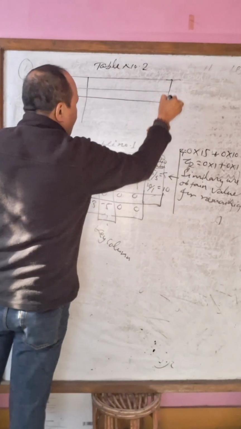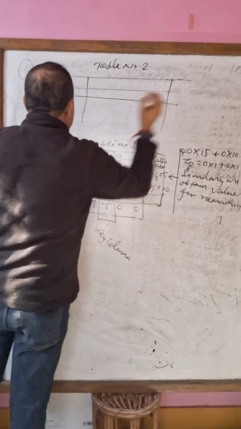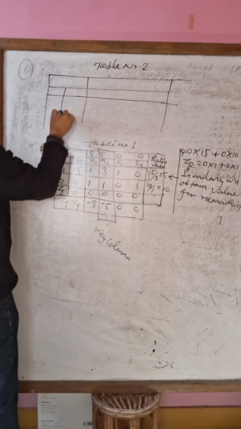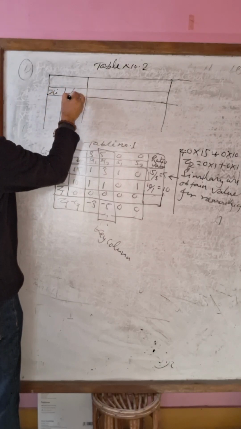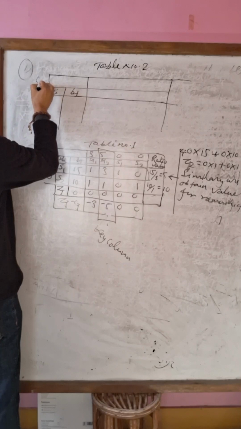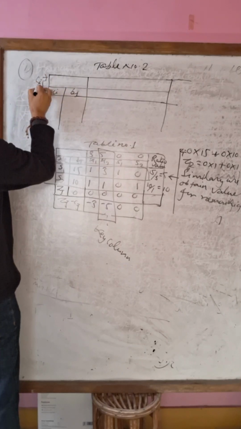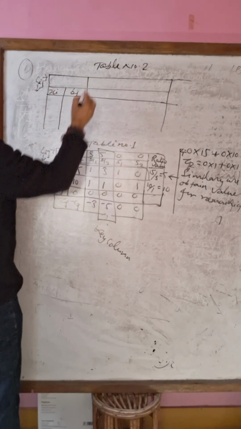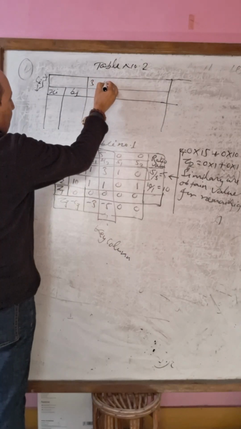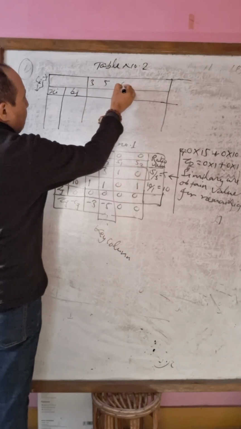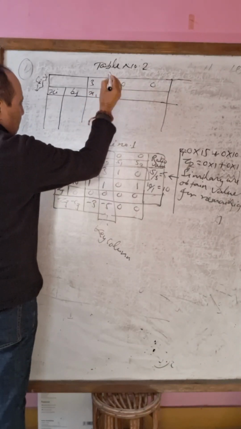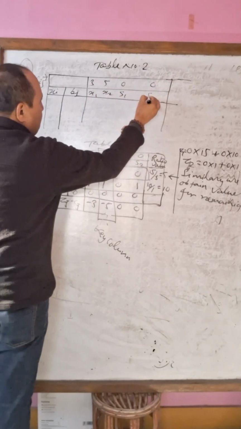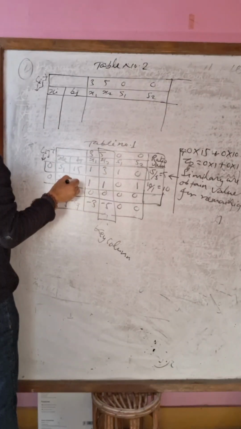So this one is xi, this one is bj, this one is cij, the same. And you write the values 3, 5, 0, 0, the same: x1, x2, s1, s2.